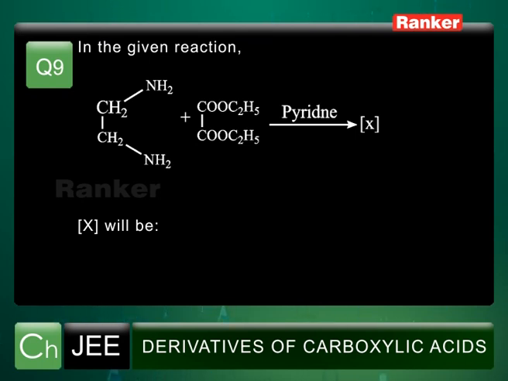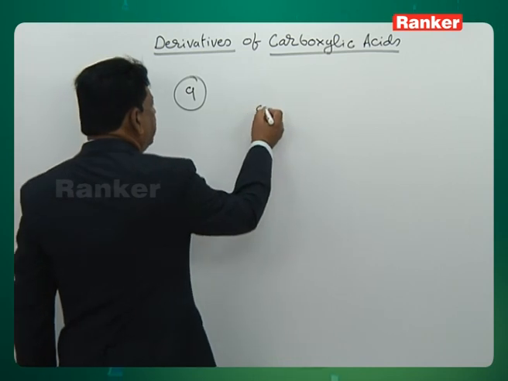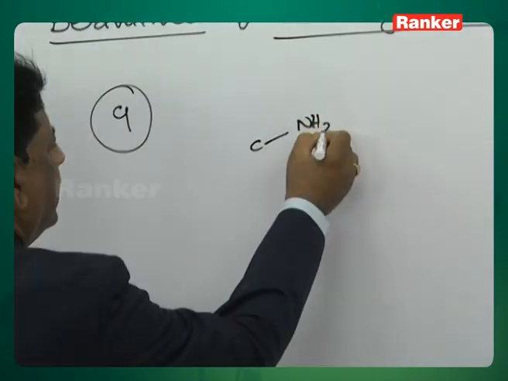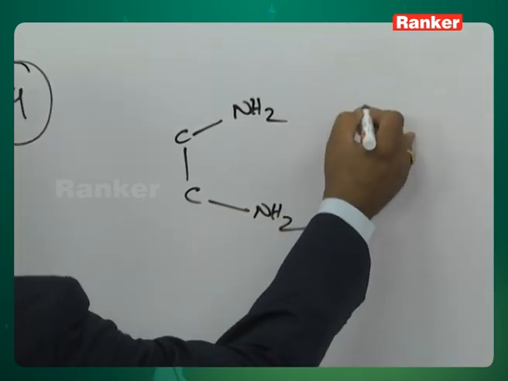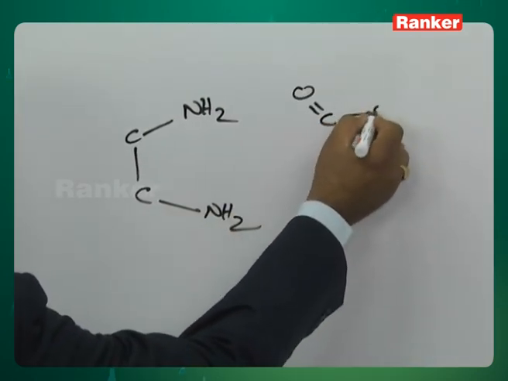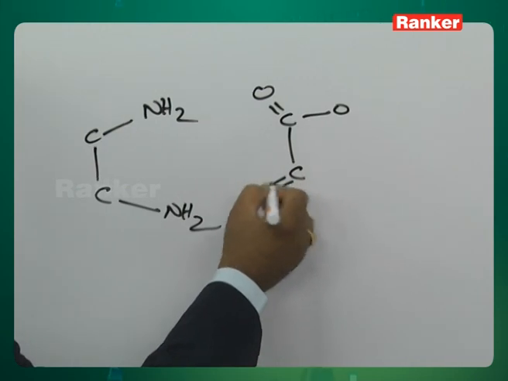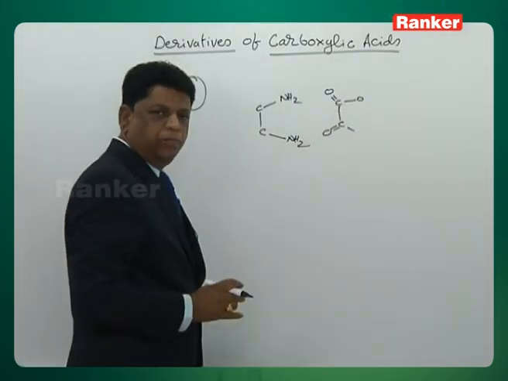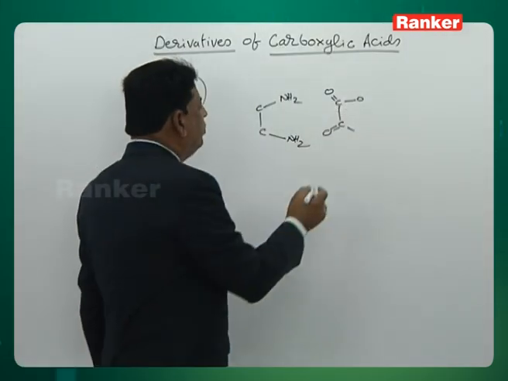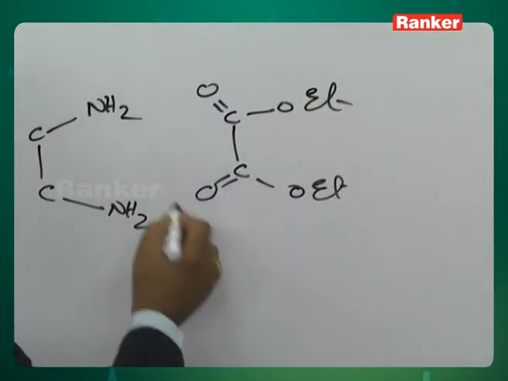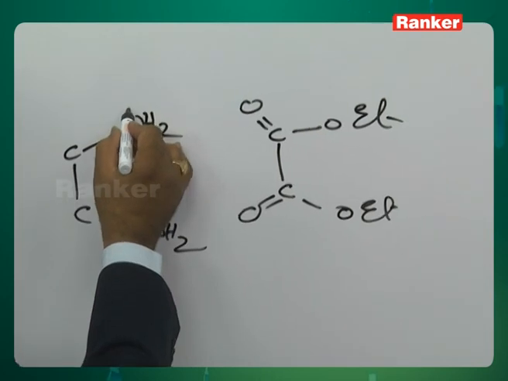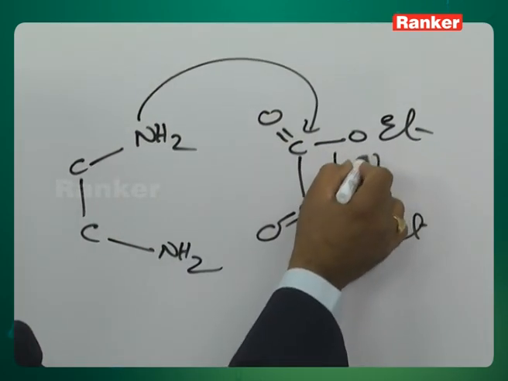In this reaction, the amine is a better nucleophile which replaces the alkoxy group. On both sides we have an ester group here. In this acid derivative, the NH2 will replace the ethoxy group.